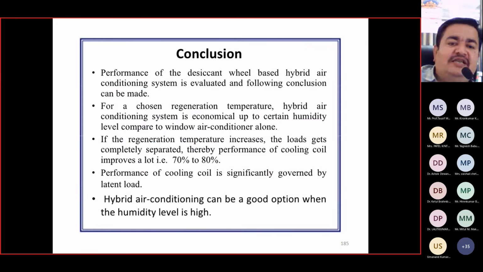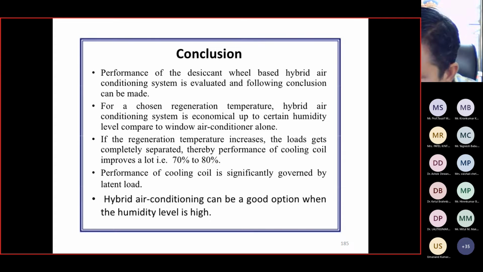Conclusion: performance of the desiccant wheel is the prime component, as it makes a large amount of energy to be used for the purpose of reactivation. So as the regeneration temperature increases, loads completely get separated, and thereby performance of the cooling coil improves by around 17 to 80%.